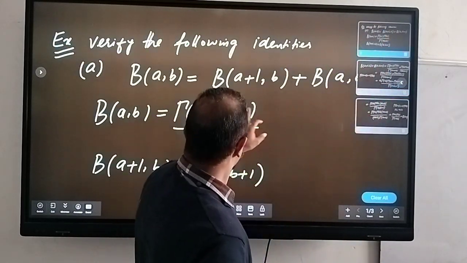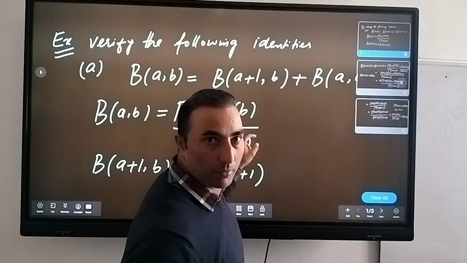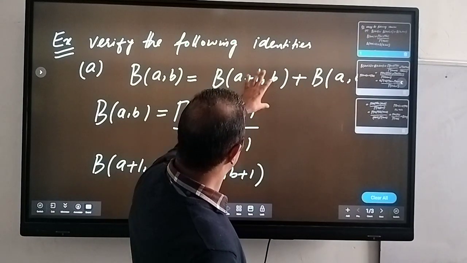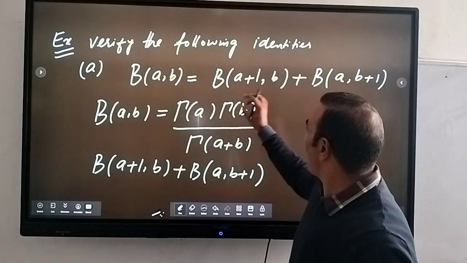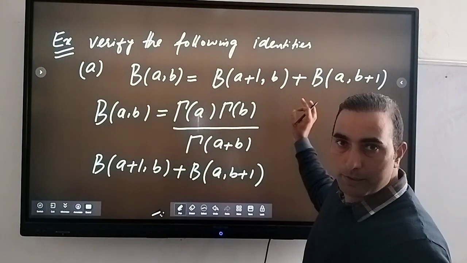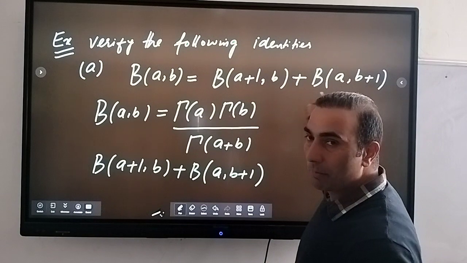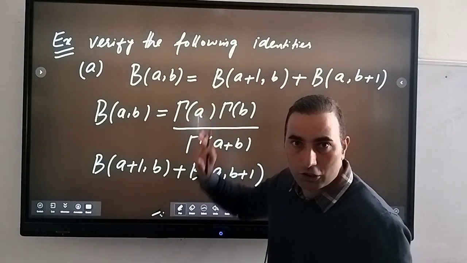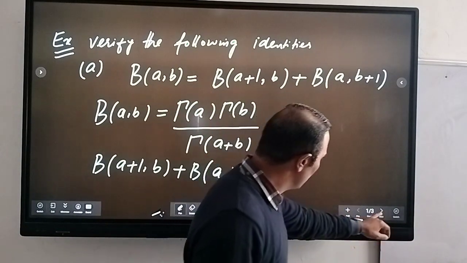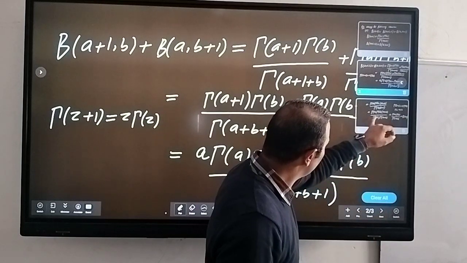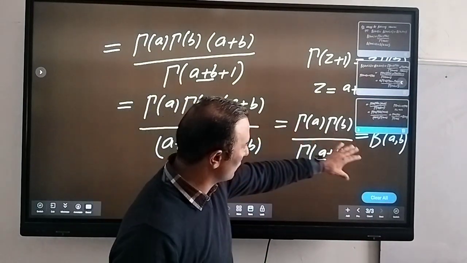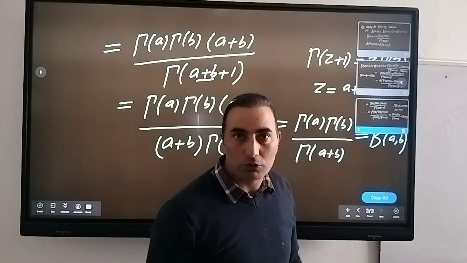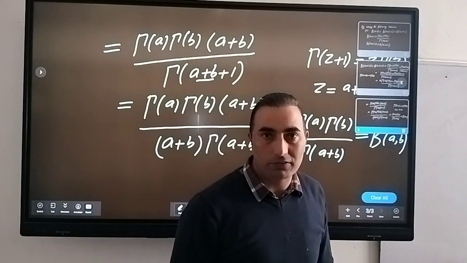We can write that beta of a b is gamma a gamma b divided by gamma a plus b. So that's our right hand side. So that means we prove that beta of a plus b comma b plus beta of a comma b plus 1 is equal to beta of a comma b, right? So this was the first identity, so this is clear from here.